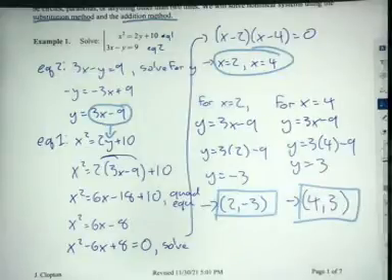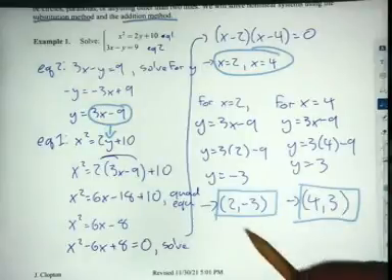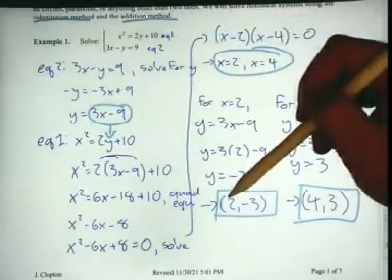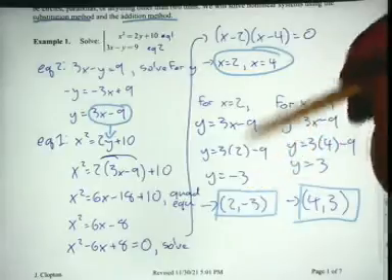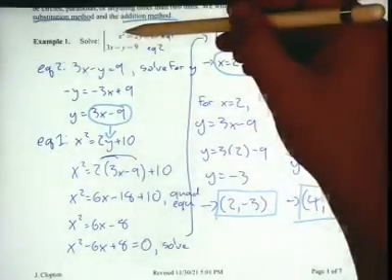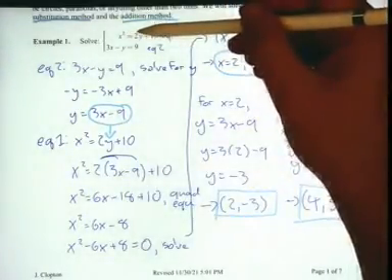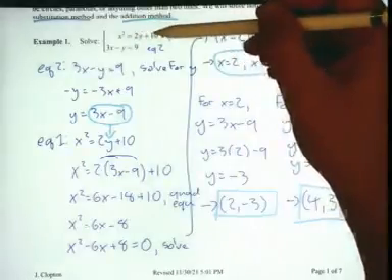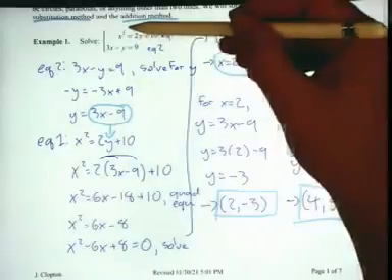Now, you want to check. You want to make sure that both solutions work. So let's just go back up here to this quadratic equation. X is 2, y is negative 3. 2 squared is 4. Okay? 2 times negative 3 is a negative 6. Negative 6 plus 10 is 4. 4 is equal to 4.